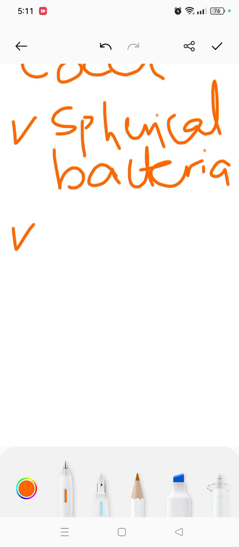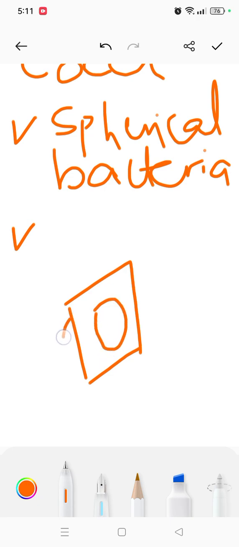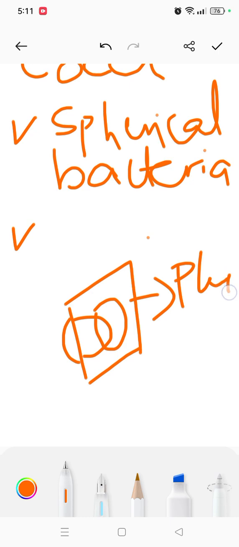So what is plane of division? If we see an example, a round circle is here and on the back side of this one, it's like this type of structure, which is called plane of division.